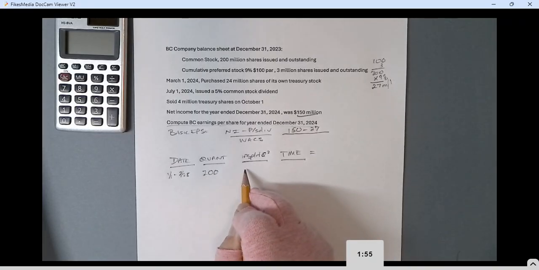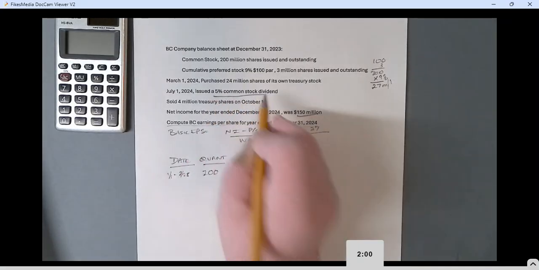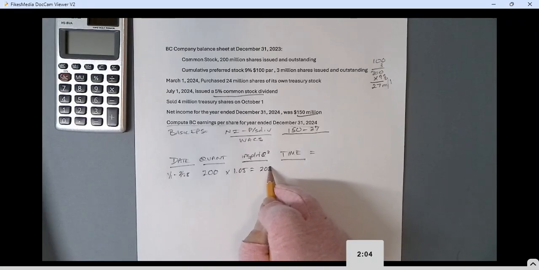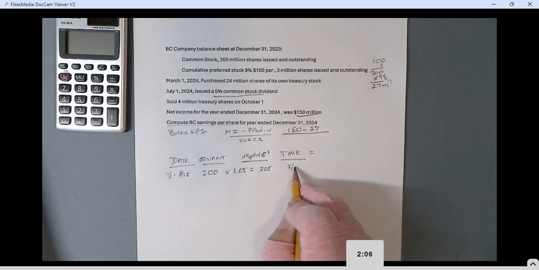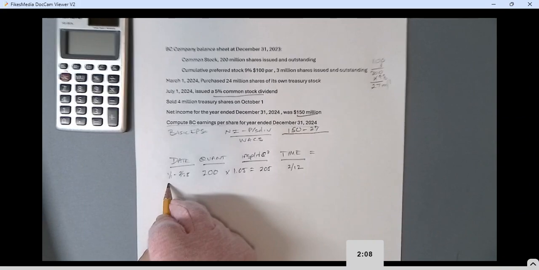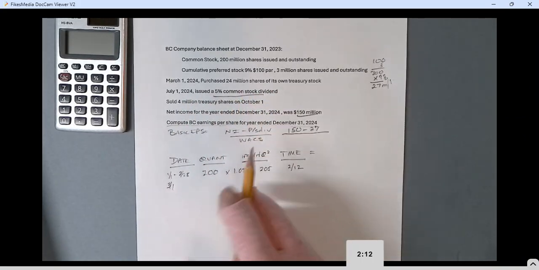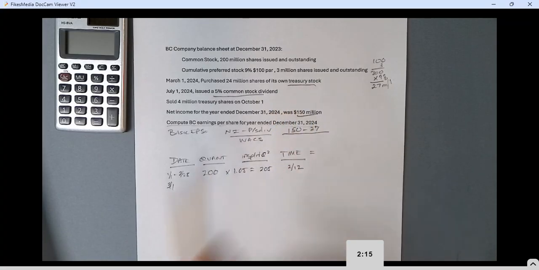Happy birthday to all the leap years. Times 1.05. So there's my split, and that equals 205. My time is 2/12. And then on 3/1, we purchased 24 million shares of our own treasury stock. Watch those words. The verb we purchased.